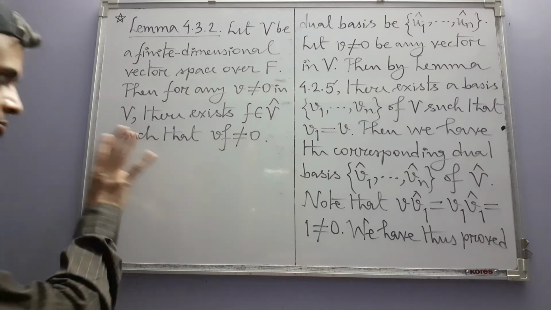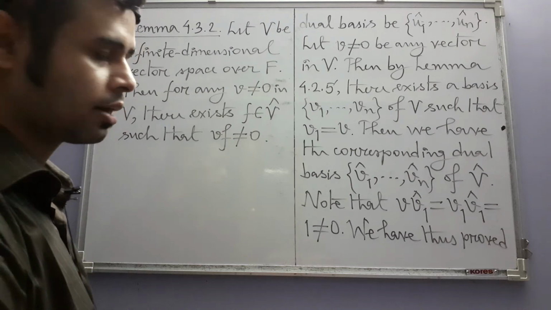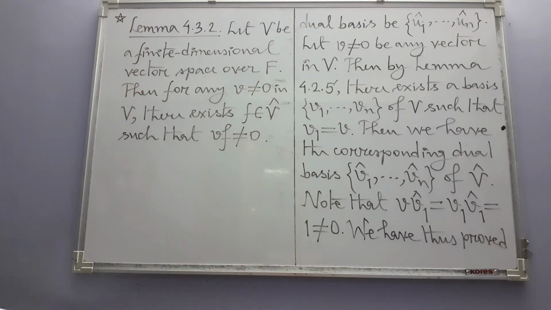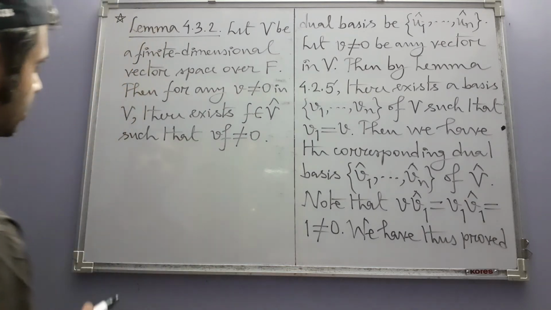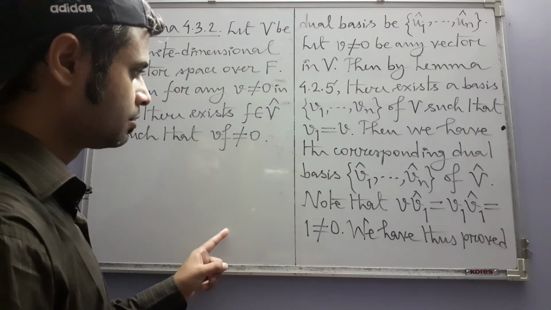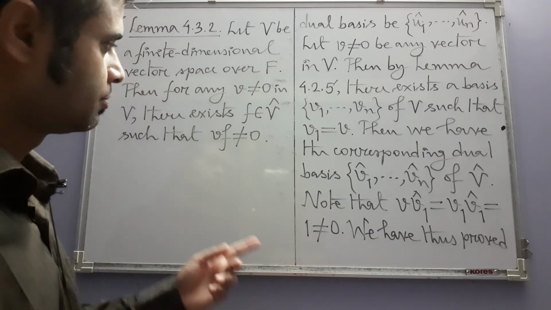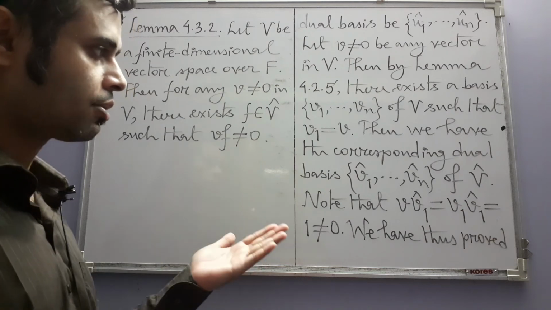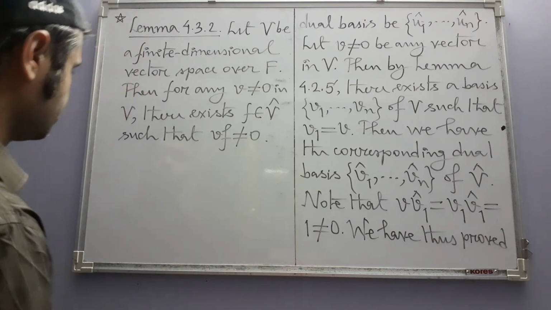Anyway, we have found this small and nice result, but it will also have an application. We will see. Now there is a fact about this lemma. Note that we have used finite dimensionality to prove it, but even when V is not finite dimensional, it is still true, which however we will not prove.